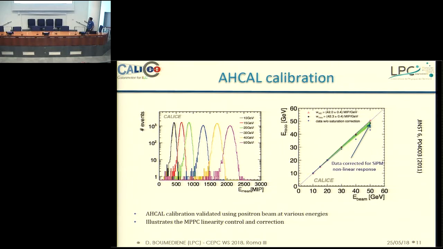So you see this nonlinearity due to the saturations. And if you introduce the nonlinearity correction of the silicon photomultipliers, you obtain these black dots. So you restore most of the linearity. And the slope of this curve gives you the calibration constants from MIP to GeV at the electromagnetic scale.